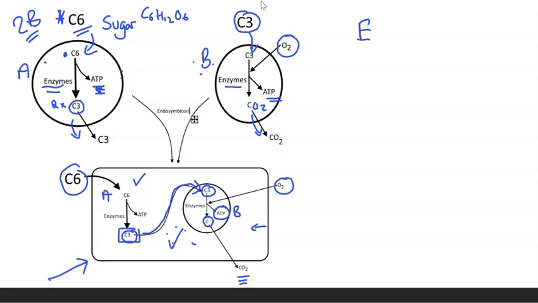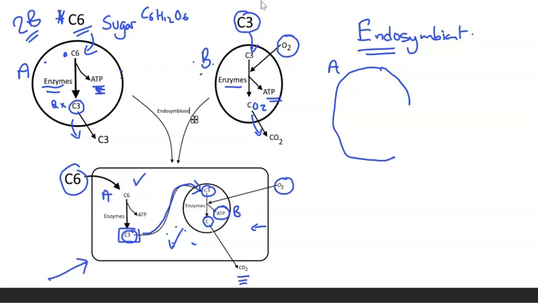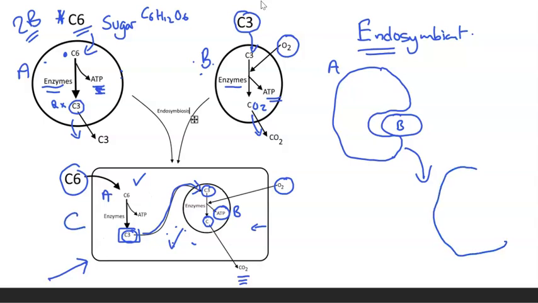Remember, this is called Endosymbiont Theory, and the endo part refers to the Margulis hypothesis that, let's retain my AB feature, cell A engulfed cell B to create this single structure, let's call this cell C, this one here, like this.